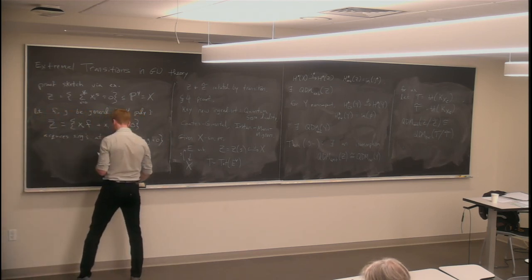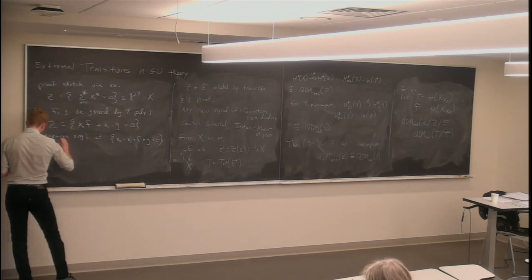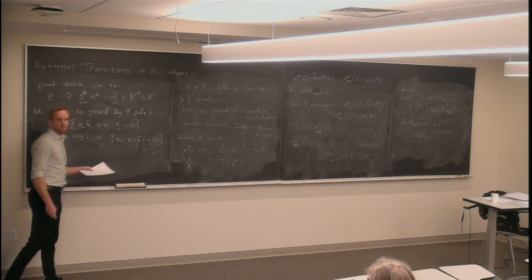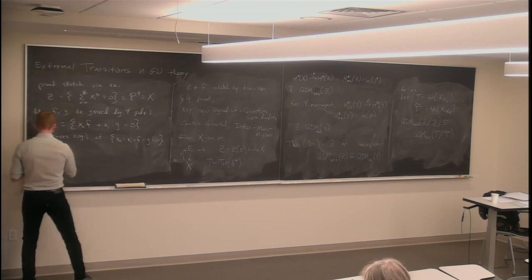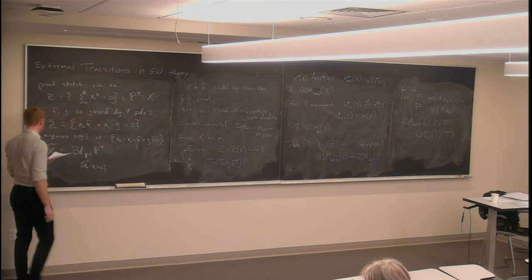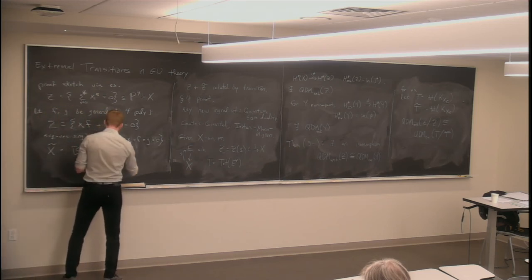Okay, so this is kind of a classic example. And then if I blow up at the P2 defined by x0 and x1 equals 0, that gives me a new ambient space X twiddle, and then the proper transform of this is going to be my Z twiddle.